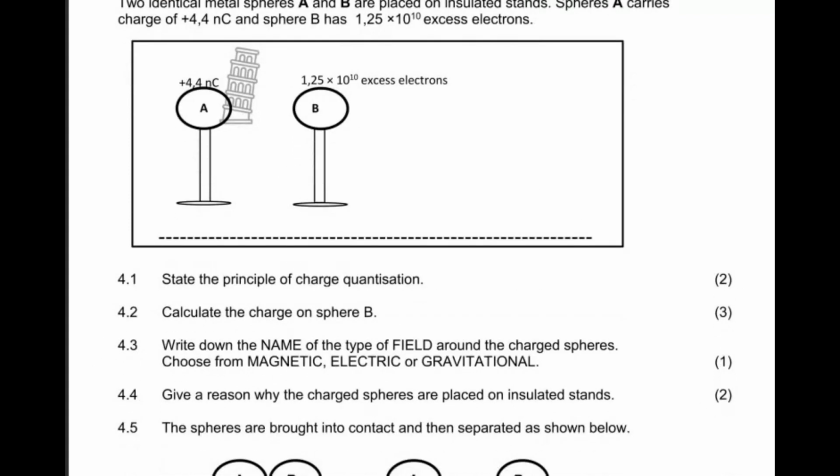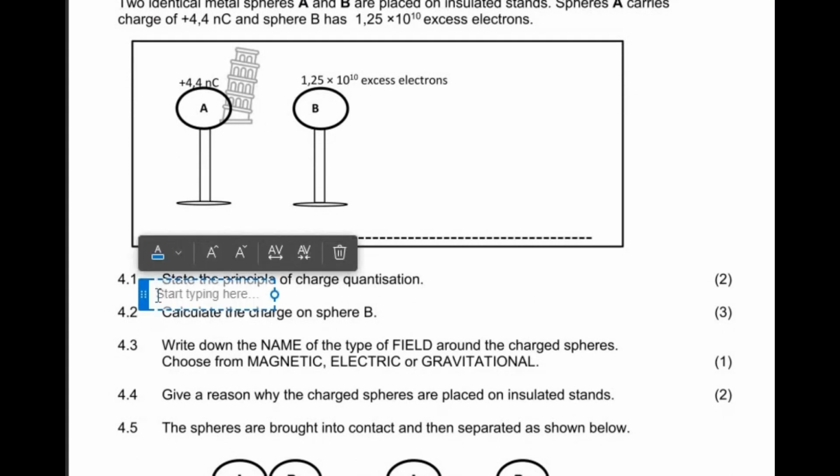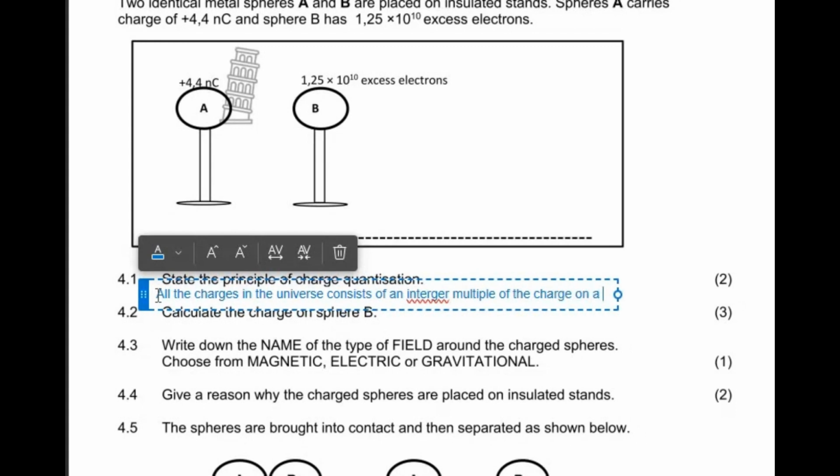State the principle of charge quantization. So the idea behind charge quantization is that all the charges in the whole universe consist of an integer multiple of the charge on one electron, or a single electron.